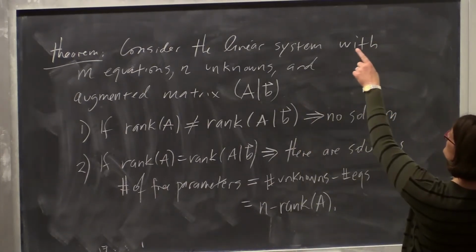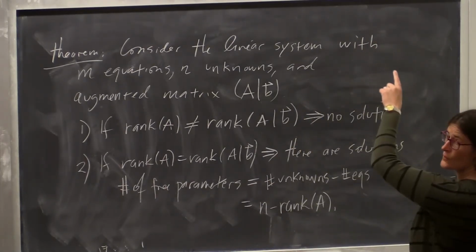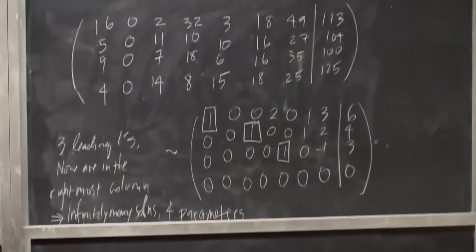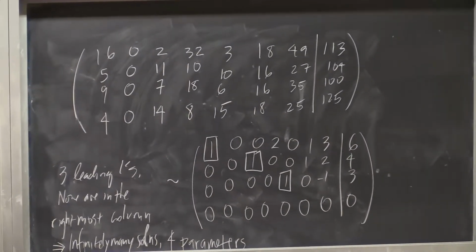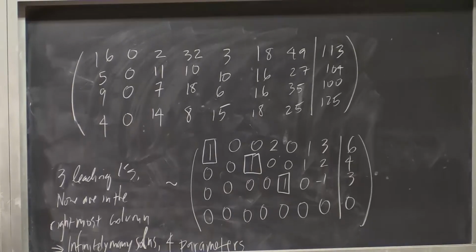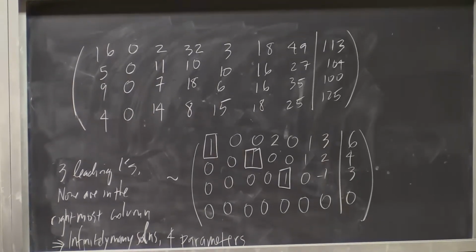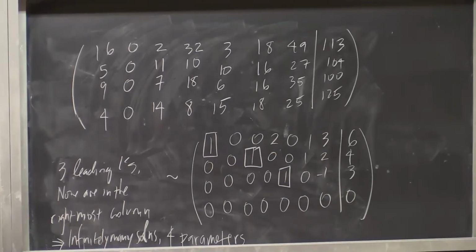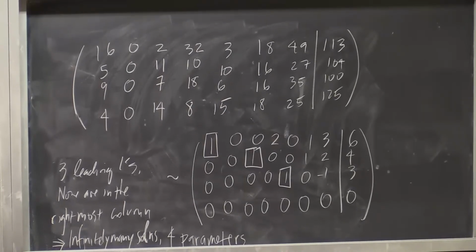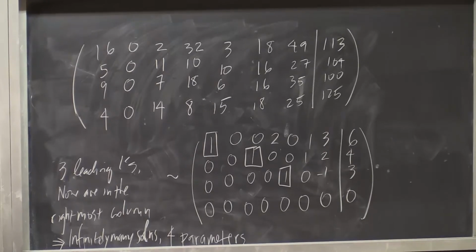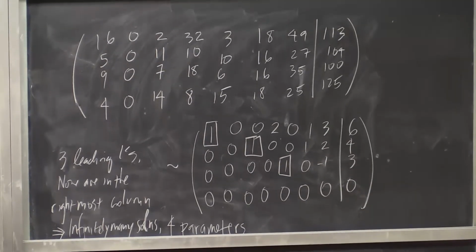We had this example where I wrote down the 3 equations and the 7 unknowns. And I showed that from each equation I could solve for one variable. The first equation allowed me to solve for x1, the second for x3, and the third for x5.